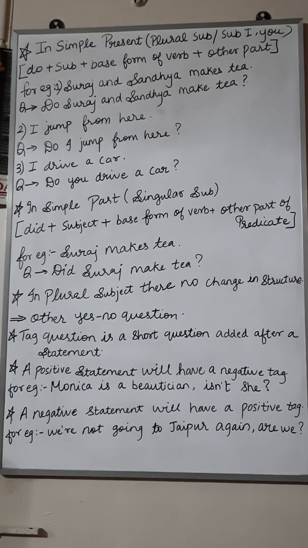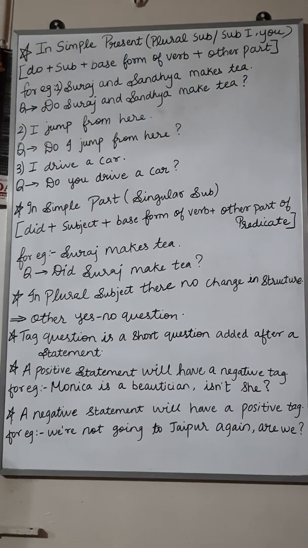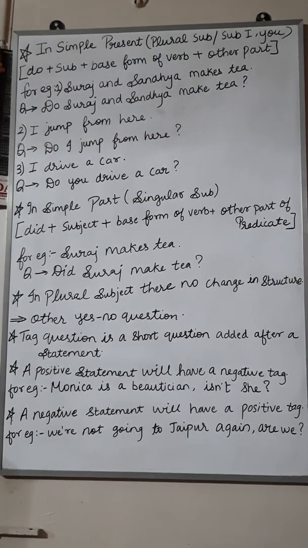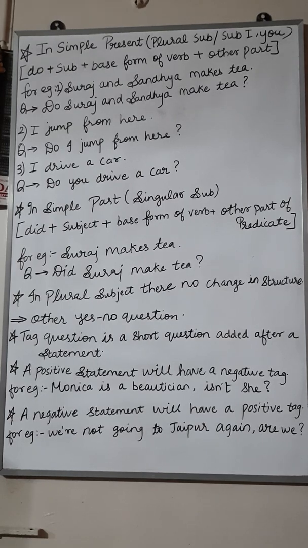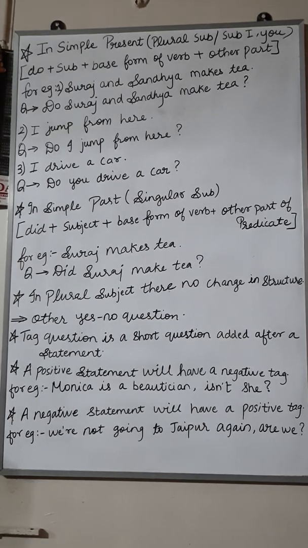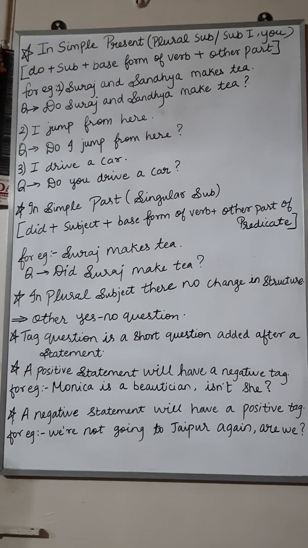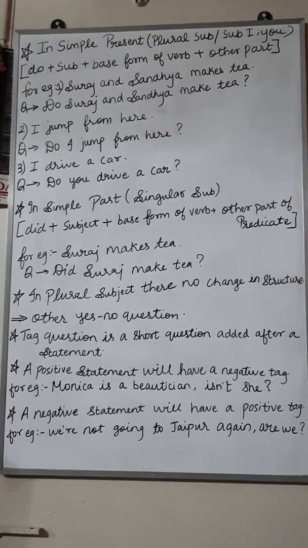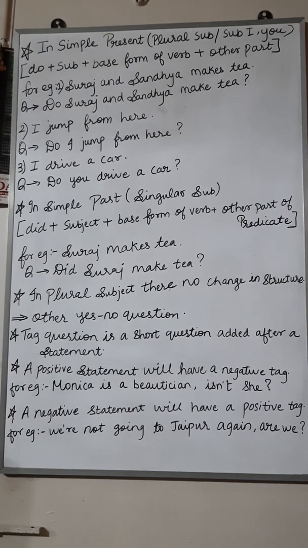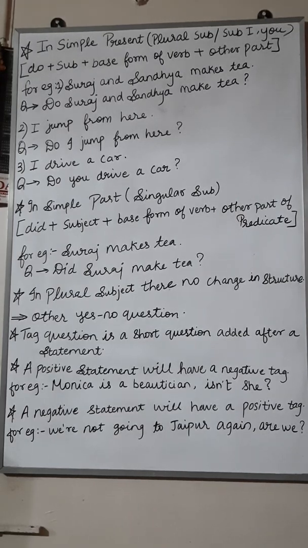Now when it is in simple past form and the subject is singular, you have to use did plus subject plus base form of verb plus other part of the predicate. For example, "Suraj made tea."